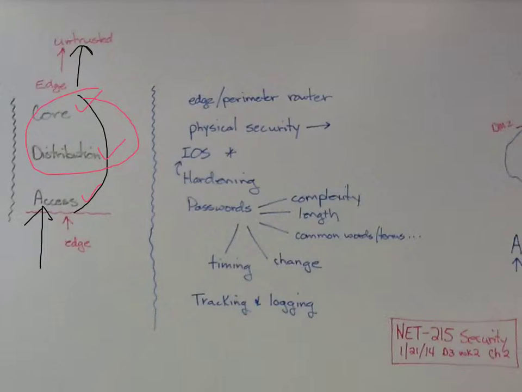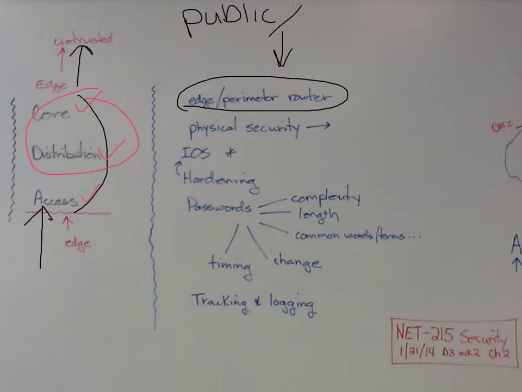So that's where we come up with edge or perimeter router, somewhere where you have a public or an untrusted network, like the internet, or your connection to a vendor, and so forth.